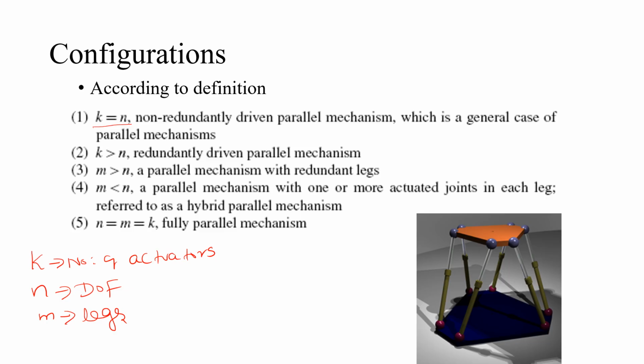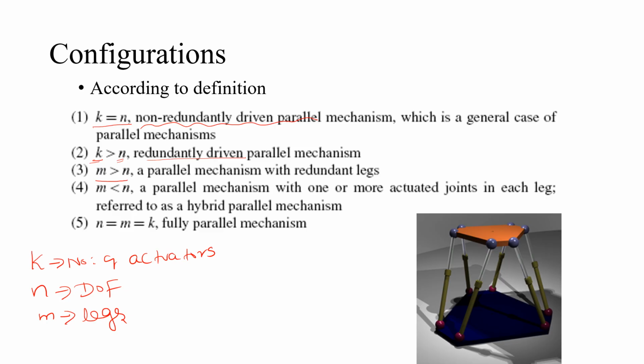So if we have k equal to n, which means the number of actuators and the degrees of freedom are equal, then we call the configuration a non-redundantly driven parallel mechanism, right? And if the number of actuators is greater than the degrees of freedom, then we call it a redundantly driven parallel mechanism, right?